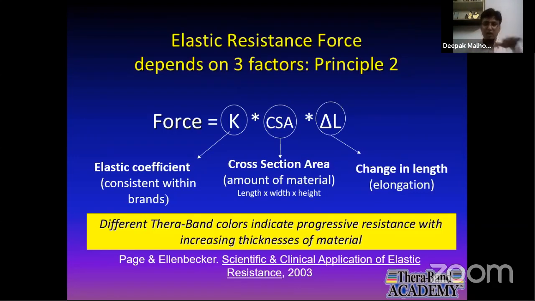You have at the lowest level tan, then yellow, then red, green, blue, black, silver, gold. This is the progression upwards. So this is how you progress when you are working with your patients or athletes, because it has huge application in sports training. Not imagine sports rehabilitation without elastic resistance.